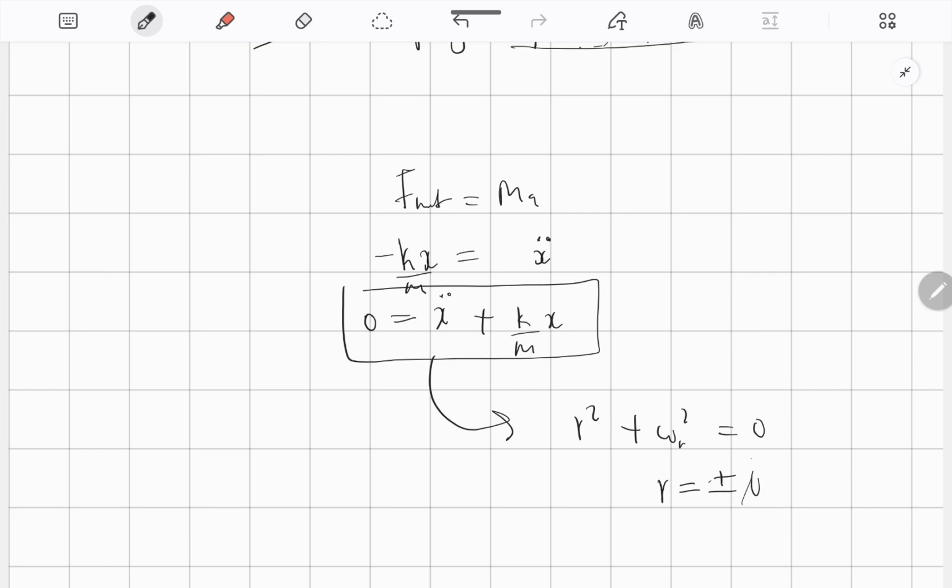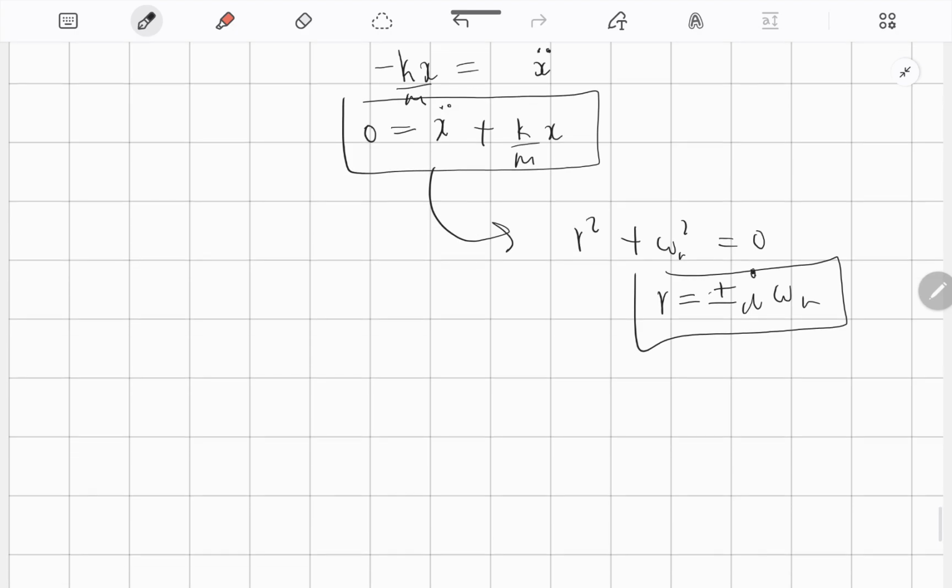J is the complex unit. Let me use i because that's what you normally see, depending on who's teaching you. We just know the solution to this equation. We'll see how to get it next year, but for now we just know that it's going to be x of t equals c1 cos omega t plus c2 sine omega t.